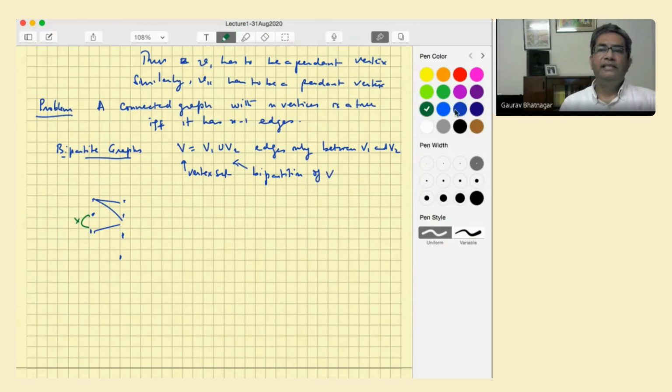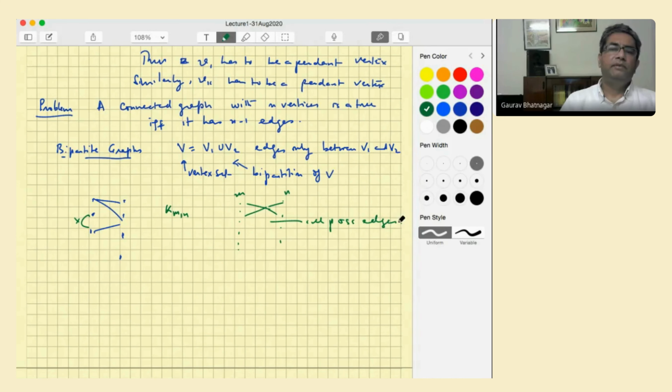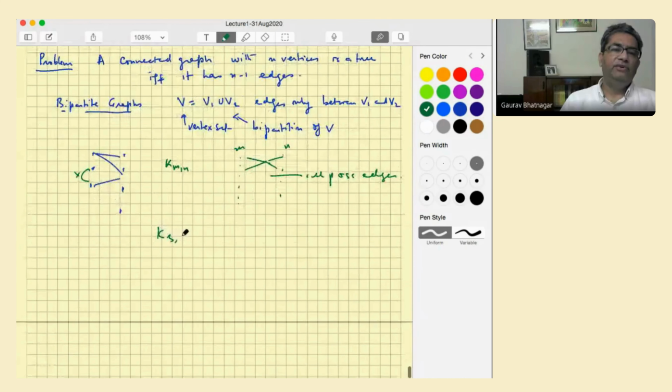So an example is a complete bipartite graph on m, n vertices, where you have m vertices here, n here, and all possible edges. So K33, for example, is a very important graph.